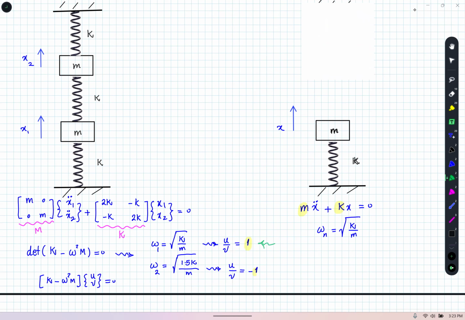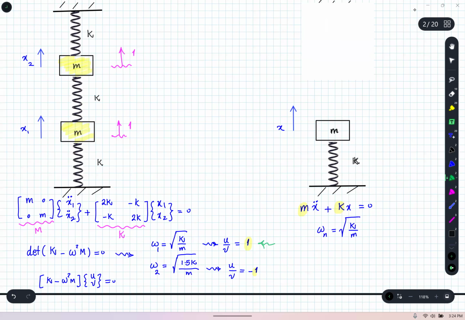If the ratio of u over v over there is 1, it means that this system with these two masses is going to have the same amplitude at that particular natural frequency. What does it mean? Simply, it means if the first mass moves by 1 unit, this mass as well moves by 1 unit.